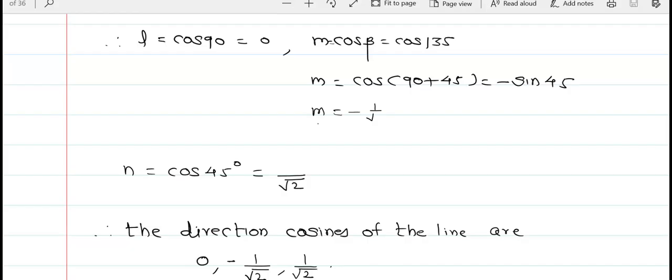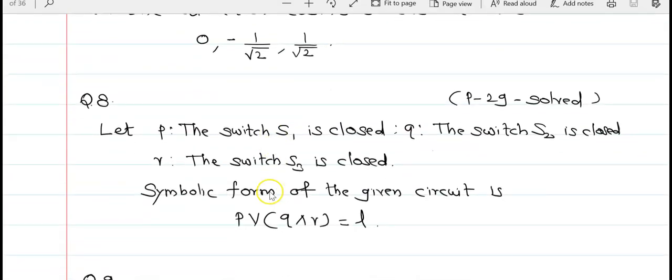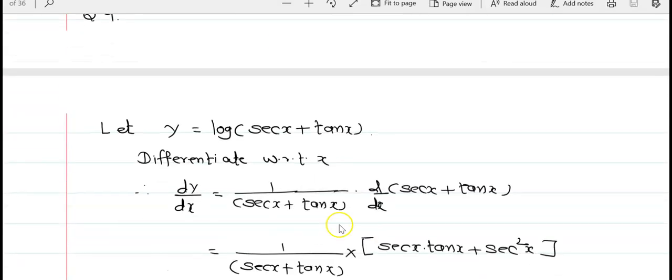the answer of this question. The previous one is also, that is, switch S1 is closed, Q switch S2 is closed, R the switch S3 is closed, symbolic representation P or in bracket Q and R. Now the next is y is equal to log of sec x plus tan x, differentiate with respect to x.